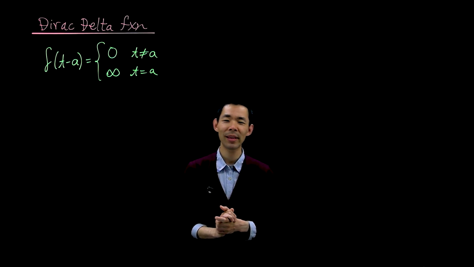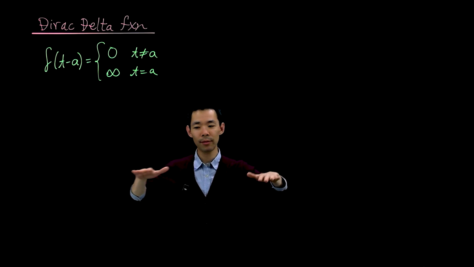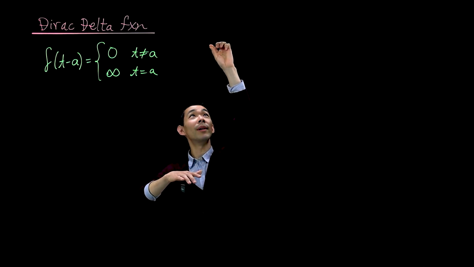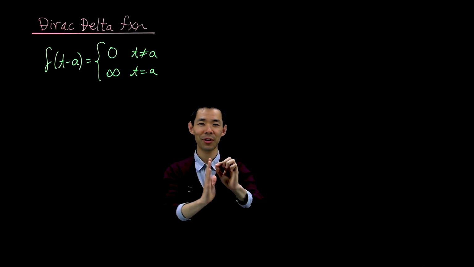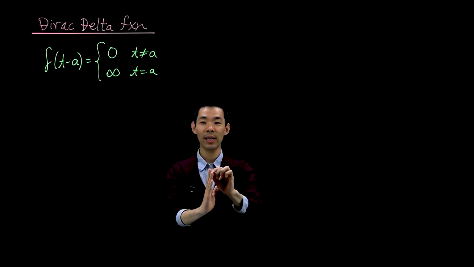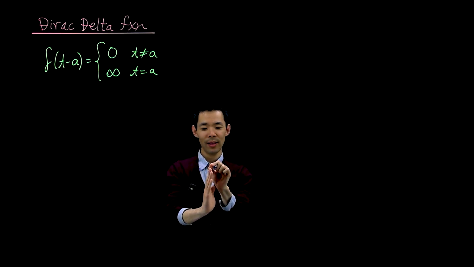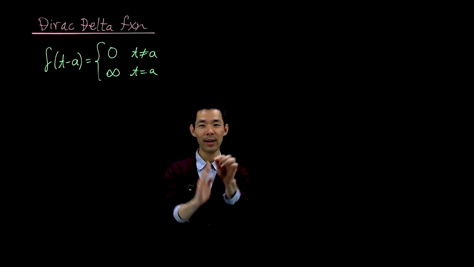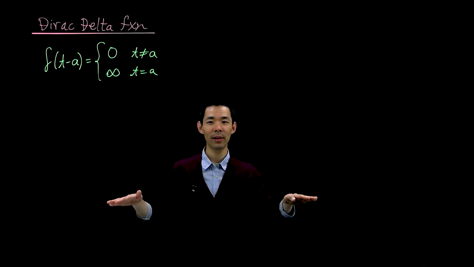Kind of a hard function to think about. So it's 0, 0, 0, boom. At exactly position a, it spikes to infinity, and immediately goes back down to 0.